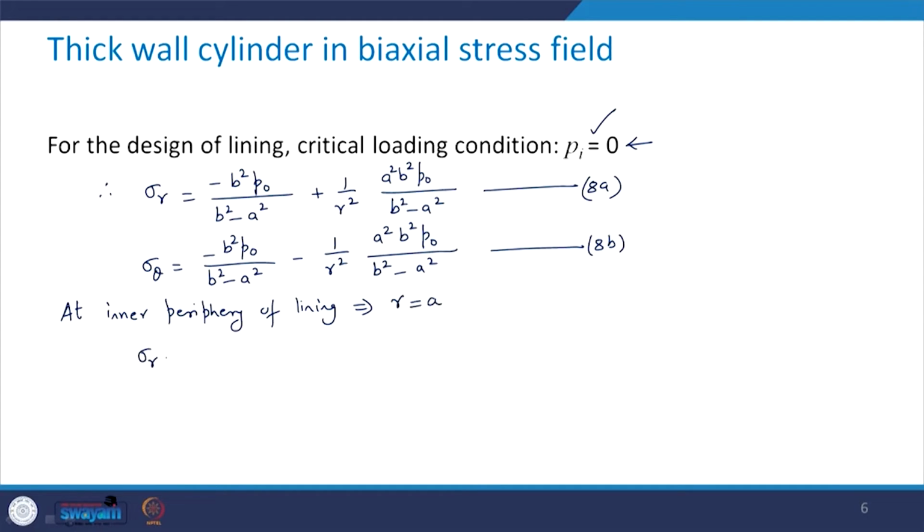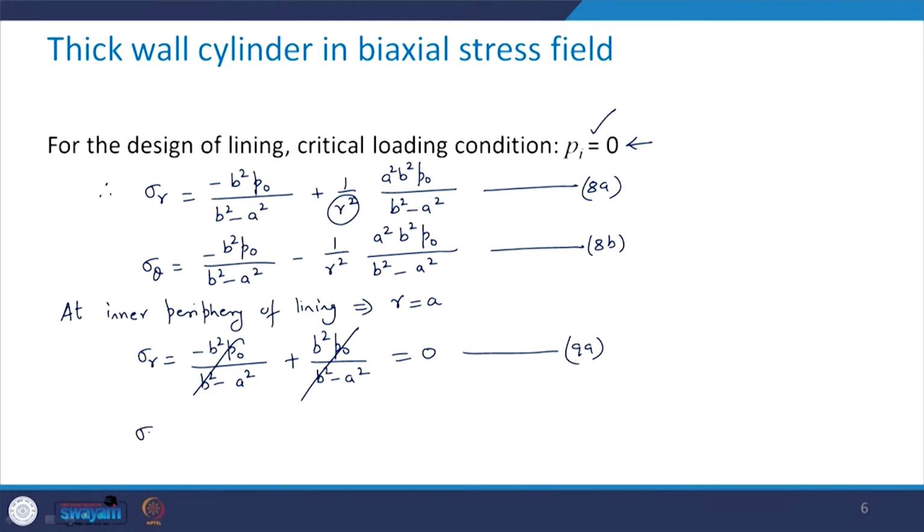Your sigma r will become equal to minus b square P naught upon b square minus a square, and see here this a square, if you just substitute a square in place of r square, this will get cancelled out, and what you will get is b square P naught upon b square minus a square. These will get cancelled out and this will become equal to 0. 9a.